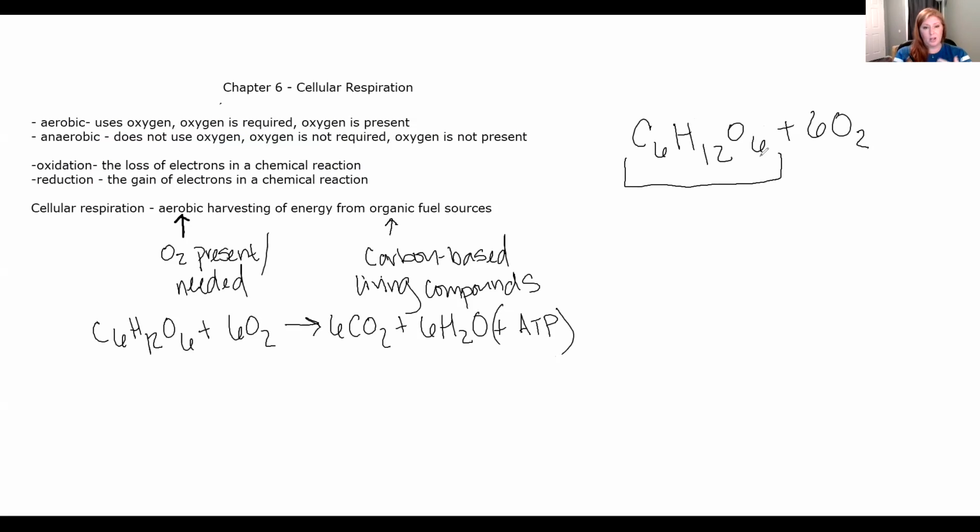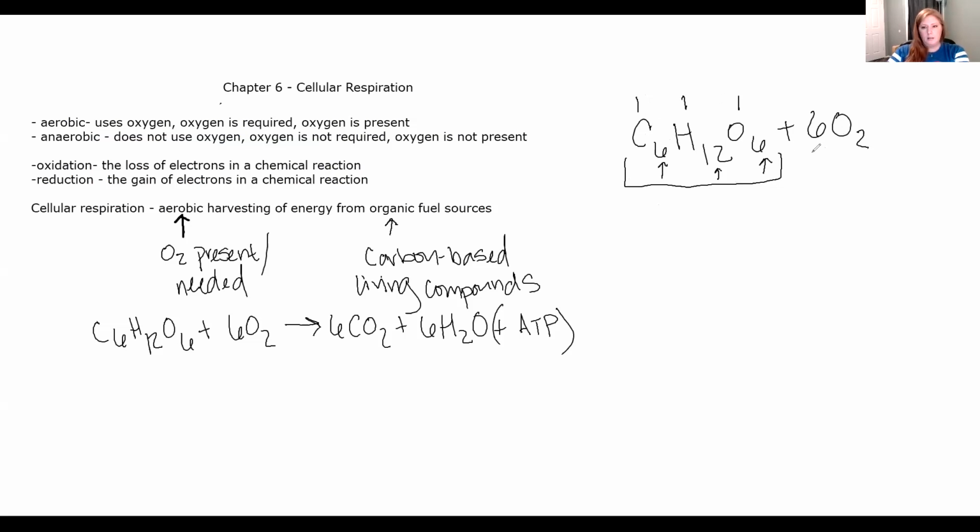There's no space, there's not a plus sign in between them. We know that what is in this molecule is carbon, hydrogen, and oxygen. Then to find out how many atoms of each, we look at these numbers, the subscripts. So there are 6 carbon atoms, 12 hydrogen atoms, and 6 oxygen atoms in this big molecule.